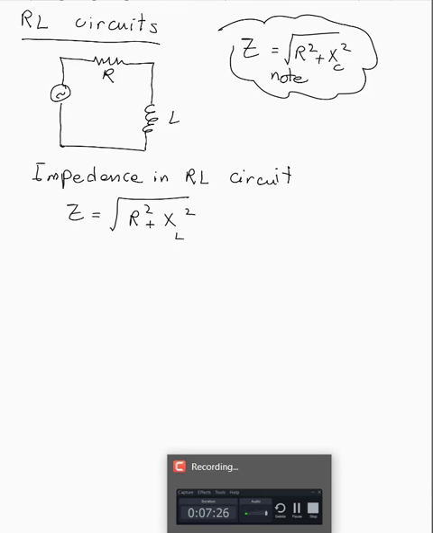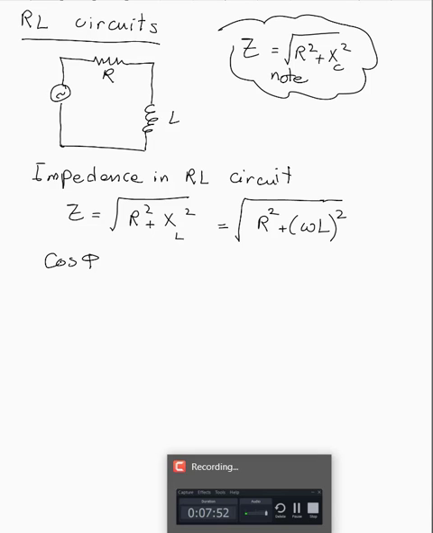So very similar to that, the impedance in an RL circuit will be the square root of R squared plus XL squared. And if I break this into its components, it's going to give me the square root of R squared plus omega L squared. The equation for the phase difference is exactly the same.